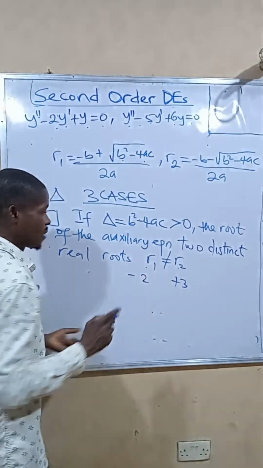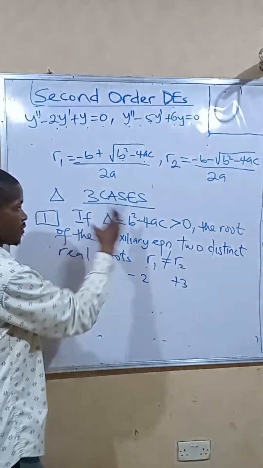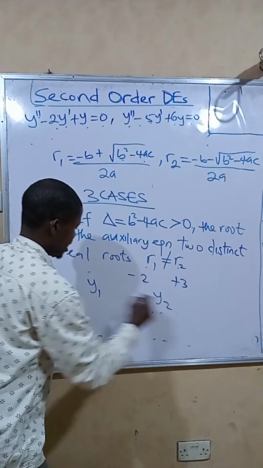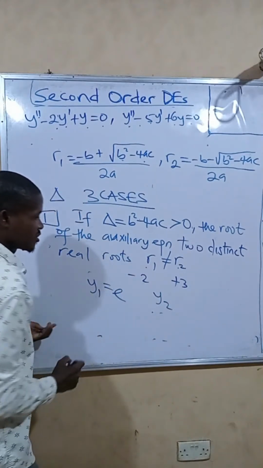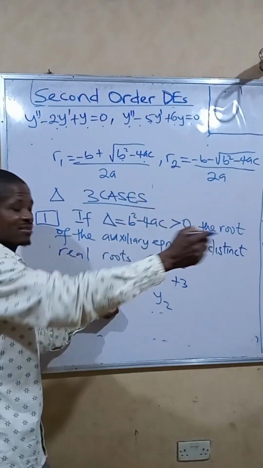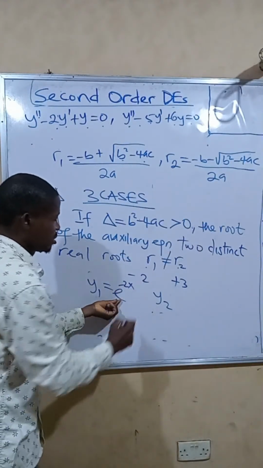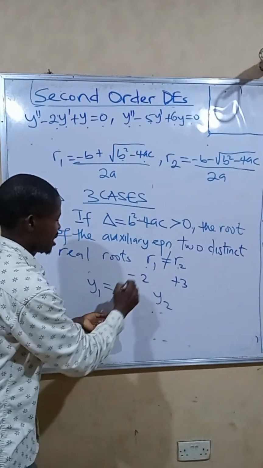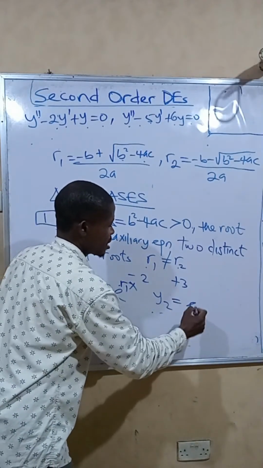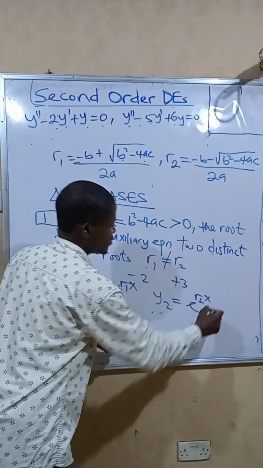In that case, we're going to have two solutions of the auxiliary equation, y1 and y2. Based on our suggestion, y1 will be e to the power r1 x, and the second one will be y2 equal to e to the power r2 x.